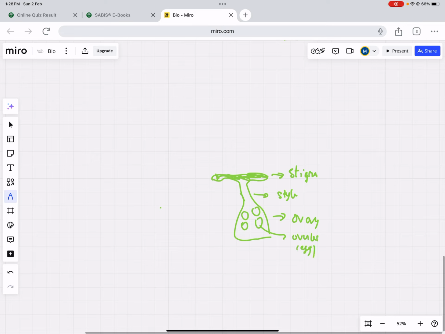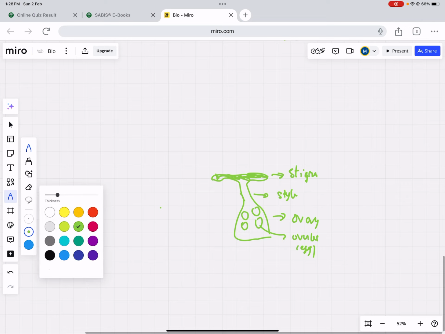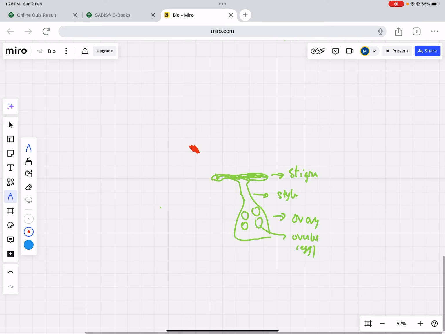Okay, so what's going to happen? For example, let's say it was an insect pollinated plant. I'll have an insect, okay, just imagine this is the insect, and it carries the pollen. This insect is going to land here, and the pollen will drop and stick on the stigma.